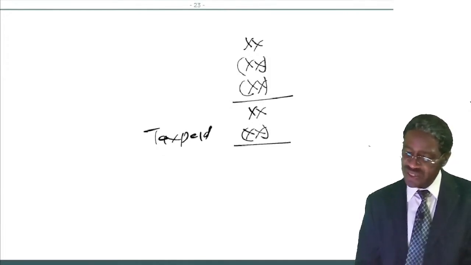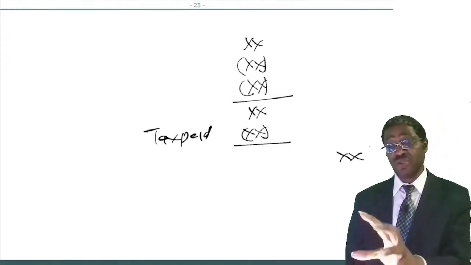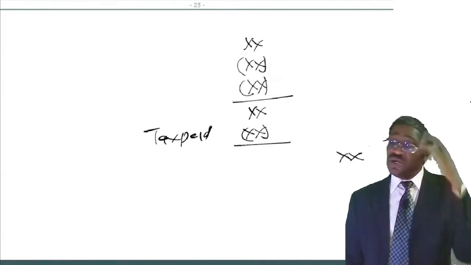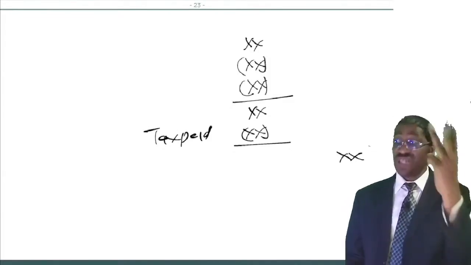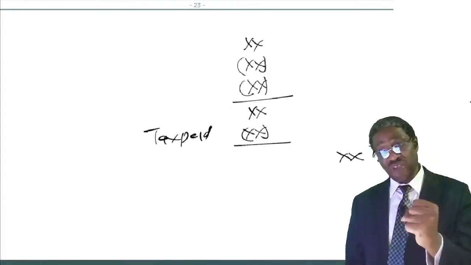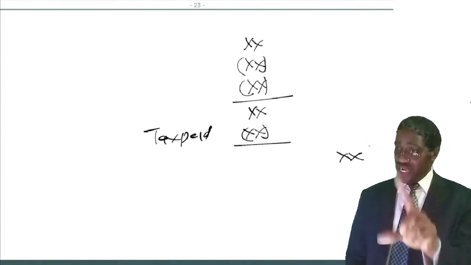Whatever you get is the net cash inflow, or if it's negative, the net cash outflow. So for the direct method, there are only three figures you need.